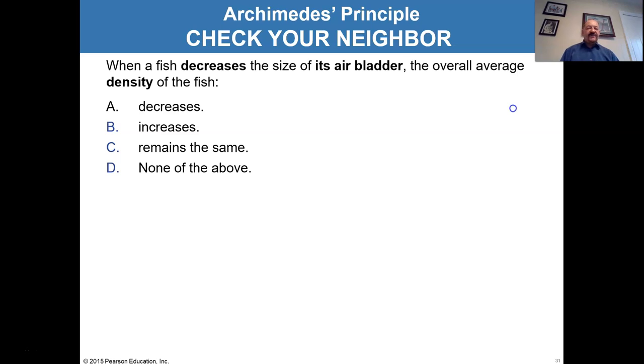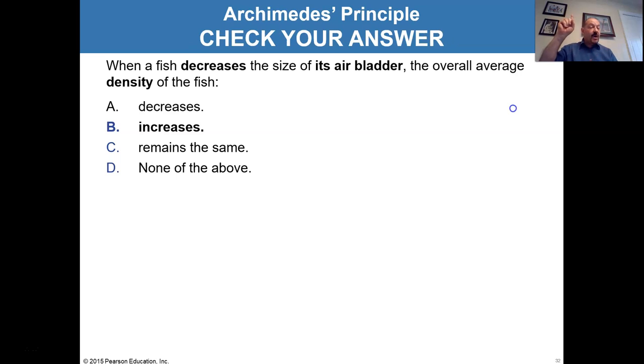All right, when a fish decreases the size of its air bladder, so it's pushing out that air from the bladder, it's getting smaller, the overall average density of the fish: decreases, increases, remains the same, none of the above? Well, the fish isn't getting any less massive, it's just getting smaller. So the same mass divided by a smaller volume, so volume goes down, density will go up, increase.